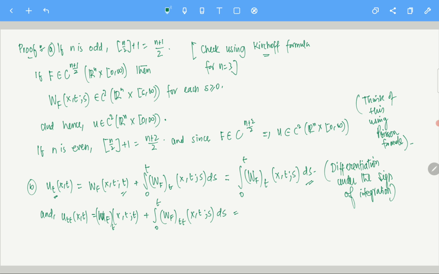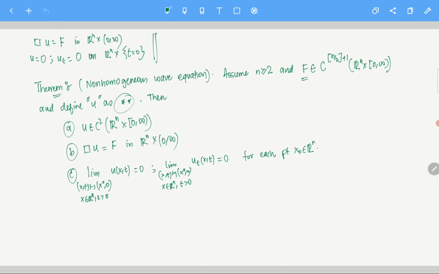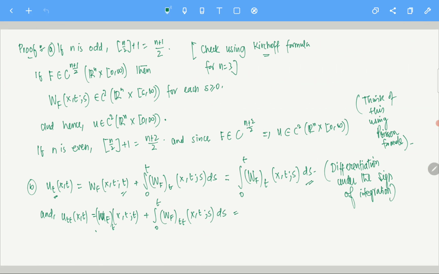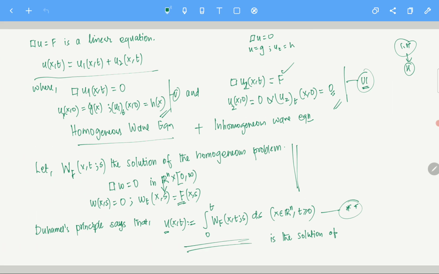Now you see u_t of x,t,t. If you remember what is this thing w_f t with x,t,t, for s equals t, w_f is 0 for s equals t. You see, w_f is a solution, right?